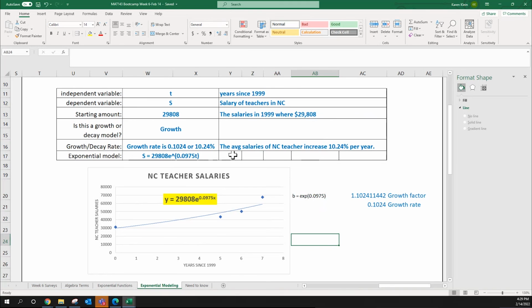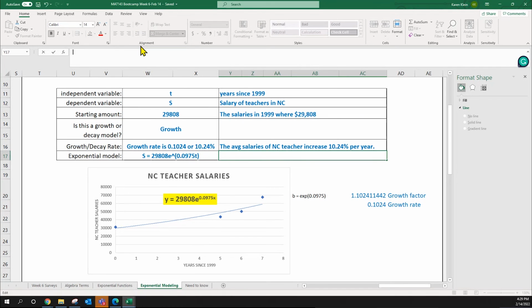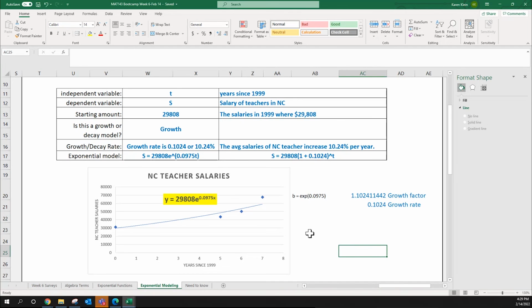So if we were to rewrite this equation in that Q format, we would write this as S of t, or S, equals 29808 times 1 plus 0.1024 raised to the power t. And I believe that is our time.